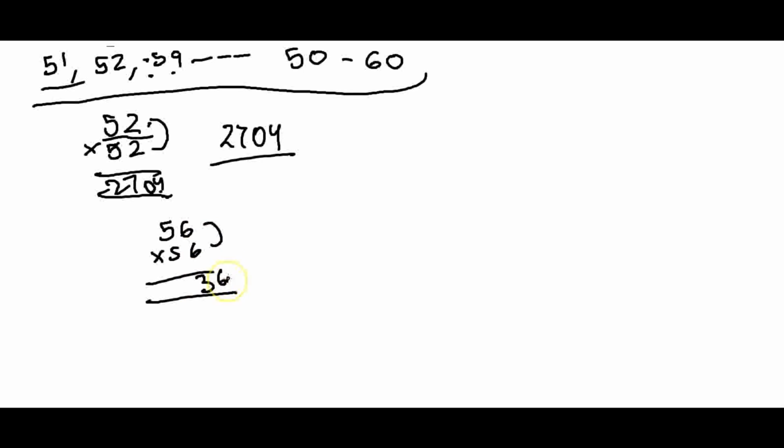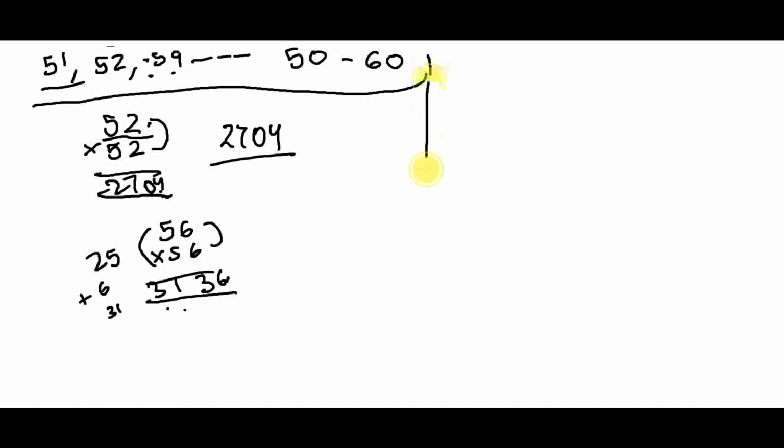Here, already 2 digits are involved, so we don't have to keep a 0 behind. And now, 5 multiplied by 5 is 25. 25 plus 6 equals 31. And the answer is 3136.